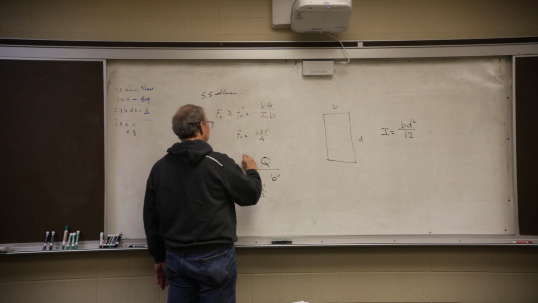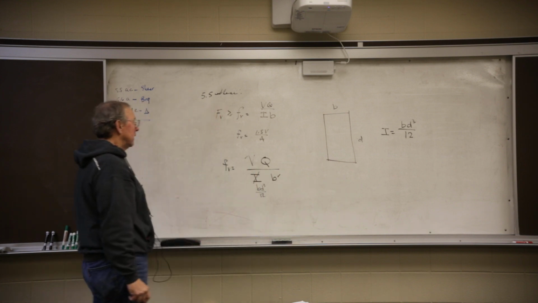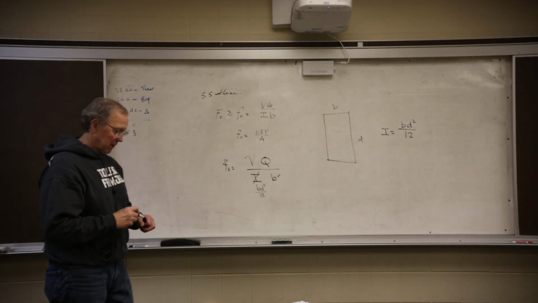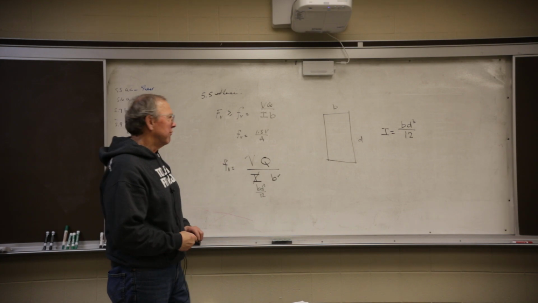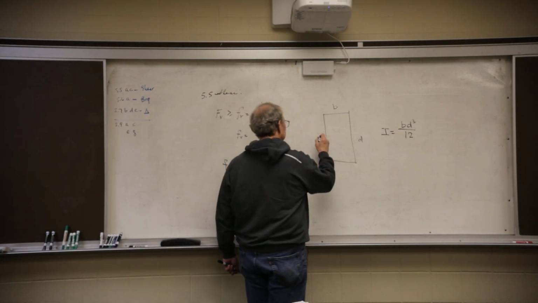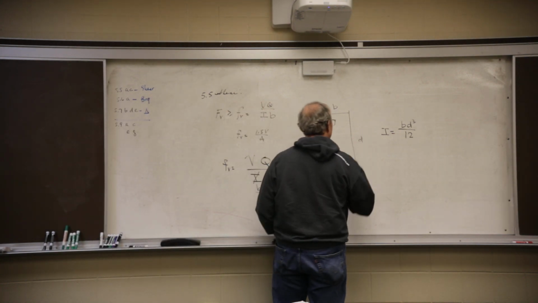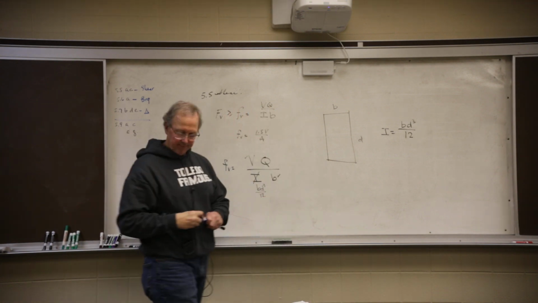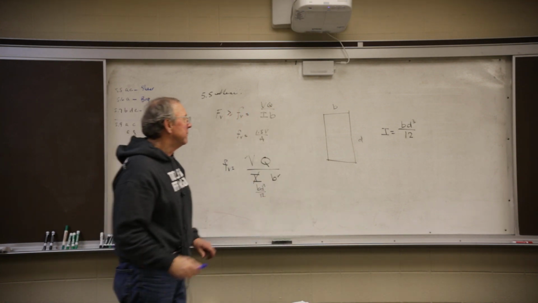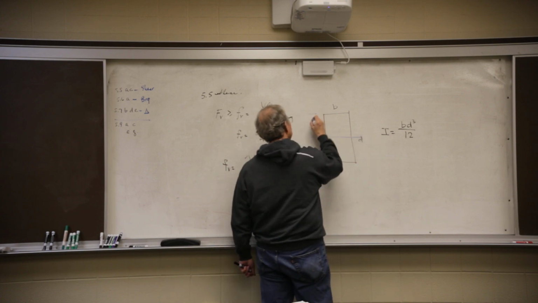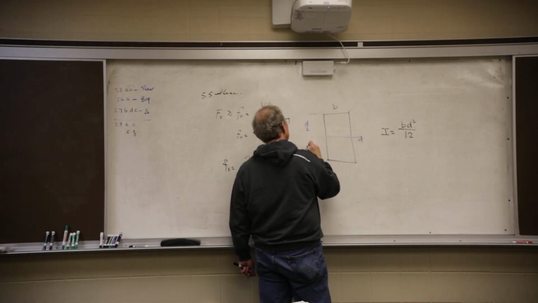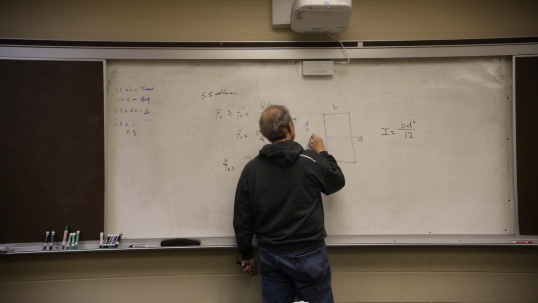V, I'll leave that letter right there. Okay, Q. We just did this not too long ago. What I tell you to do, find the neutral axis. What is the neutral axis of a rectangle? In the center. So I'm going to draw a line right here, and we're going to put this as D over 2, D over 2.